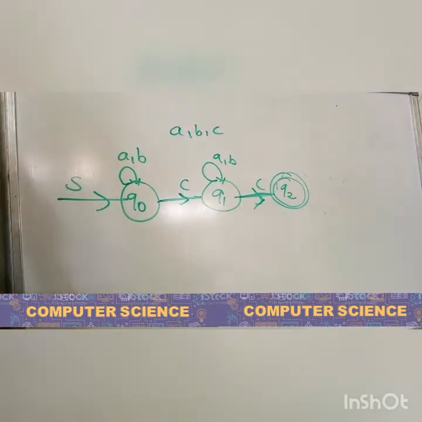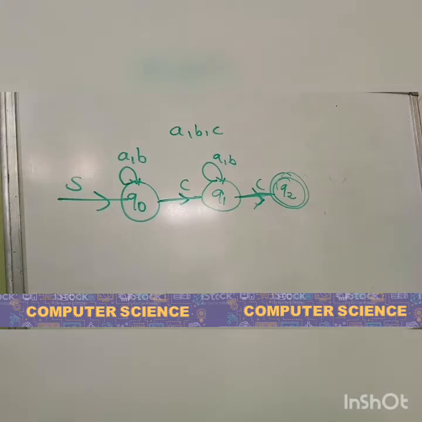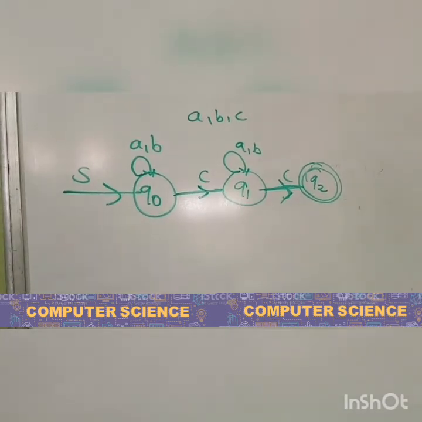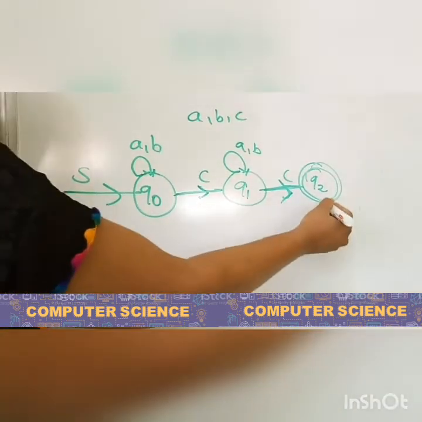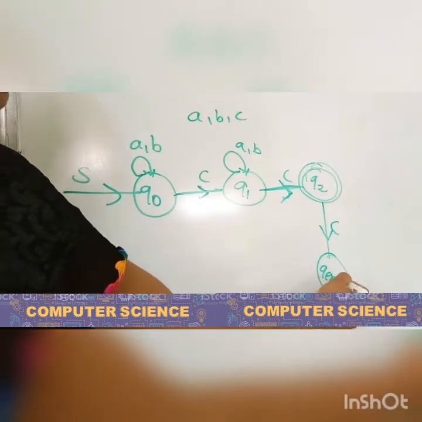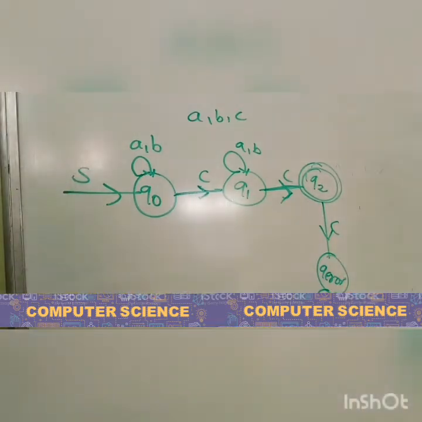Then there may be a case where another extra C will come in the scenario. So what do we have to do in such a situation? Simply discard the remaining C, meaning move it to the error state like this.